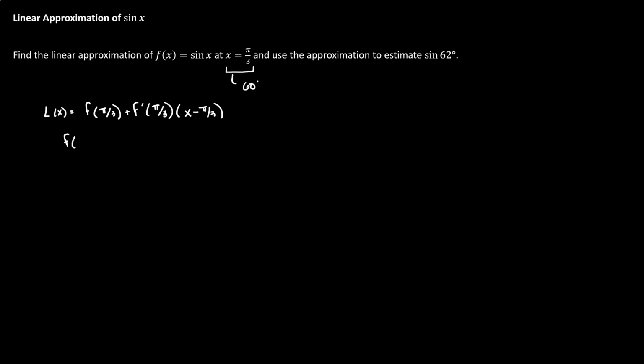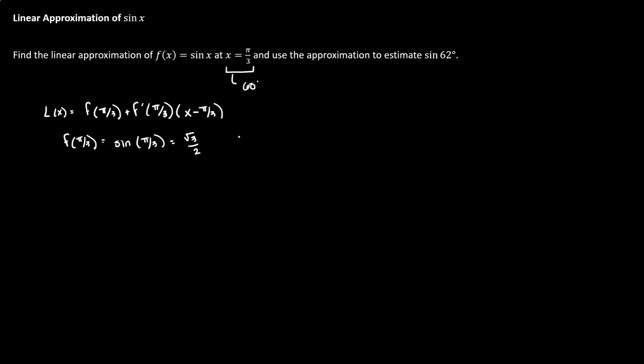Let's find f at pi over 3. That's going to look like sine of pi over 3. We can use our memory for this one, if you remember your trig calculations, or you can pop it into your calculator. Sine at pi over 3 is equal to root 3 over 2.